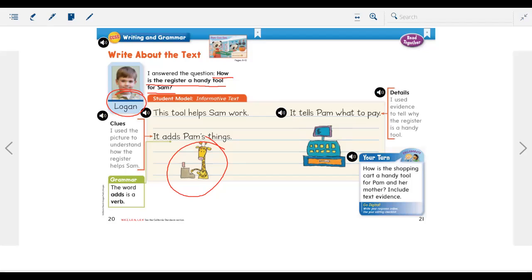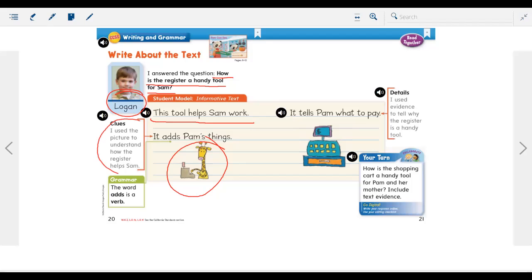And he also used the picture to make an inference about the register and things that weren't stated in the text. So he just looked at the picture to understand what Sam was using this register for. So he wrote, this tool helps Sam work.